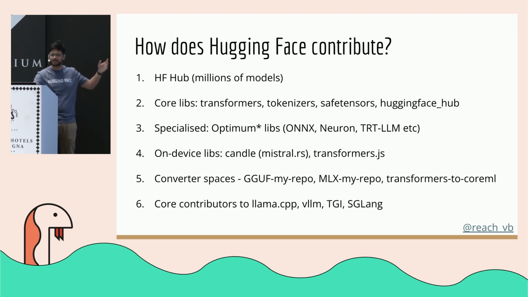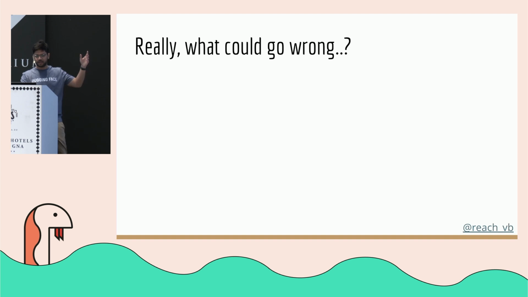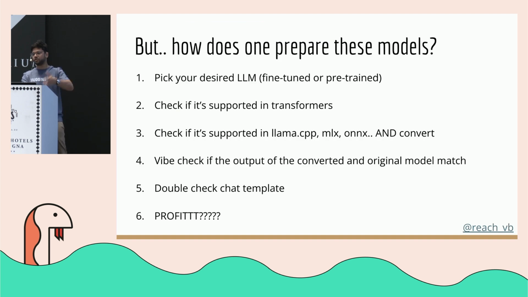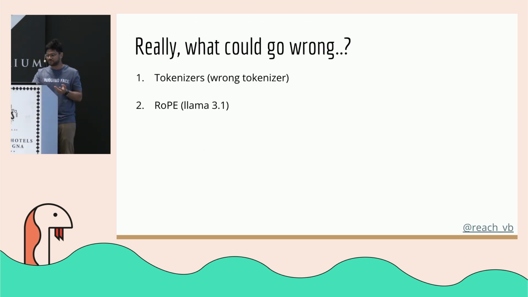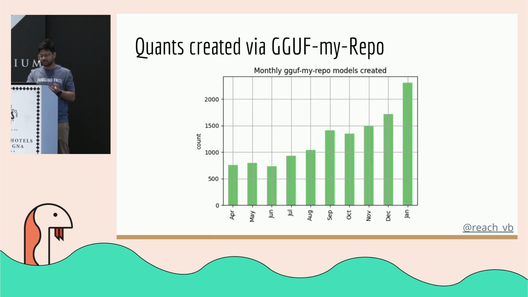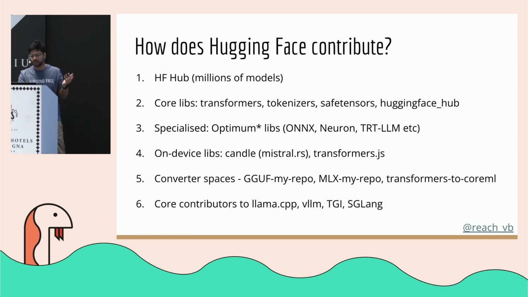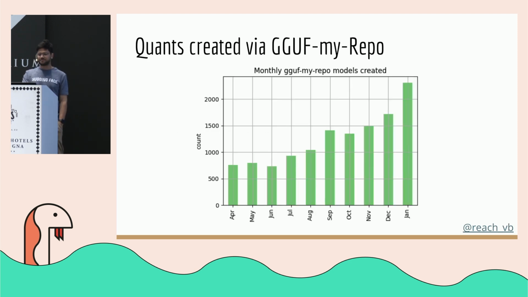So the whole process that I listed here, you can now just go to a space on Hugging Face Hub and convert models without having to worry about all of this. We're also core contributors to pretty much all libraries that have anything to do with LLMs, which is llama.cpp, VLM, TGI, SGLang, and so on. Love all of them too.